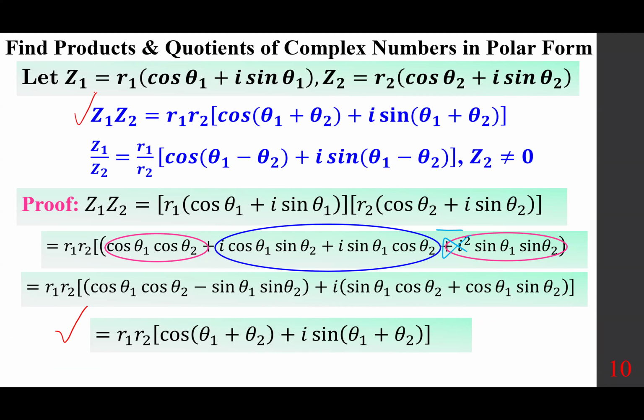For Z1 Z2, we proved that if we multiply Z1 by Z2, we multiply their R's, and then we write the cosine of their sum. So in essence, a shorthand notation is R1 R2 cis of theta 1 plus theta 2. Right, everybody?